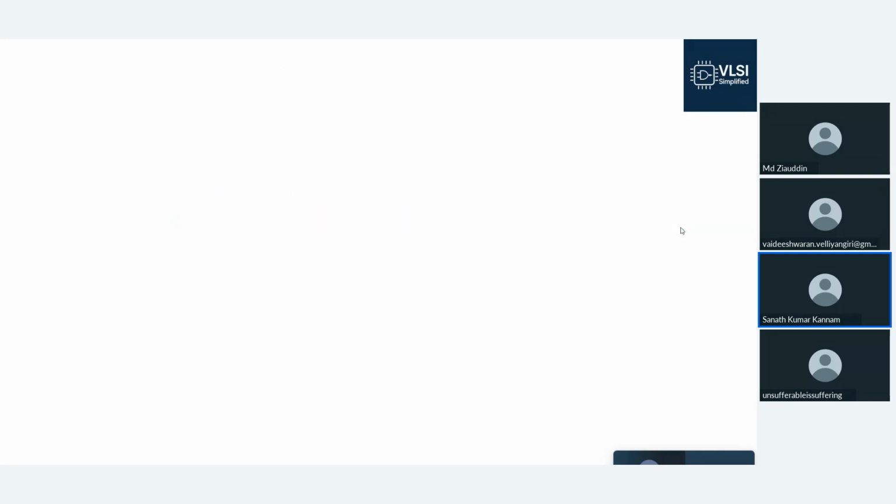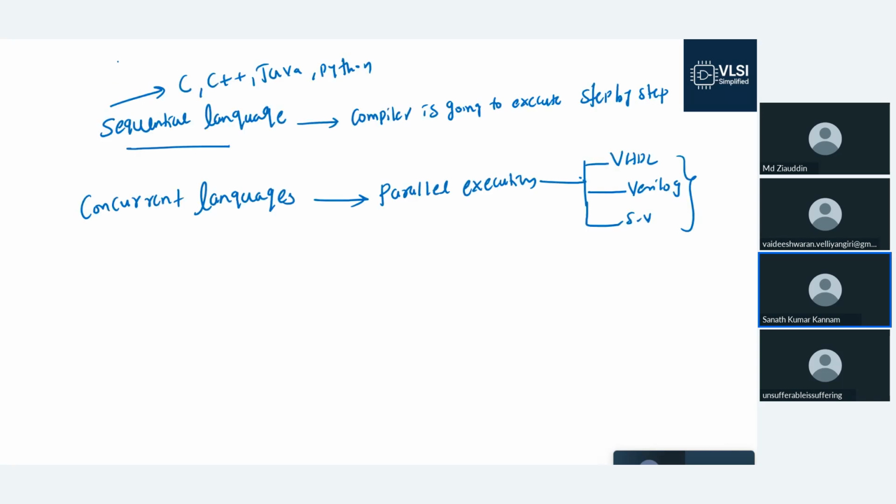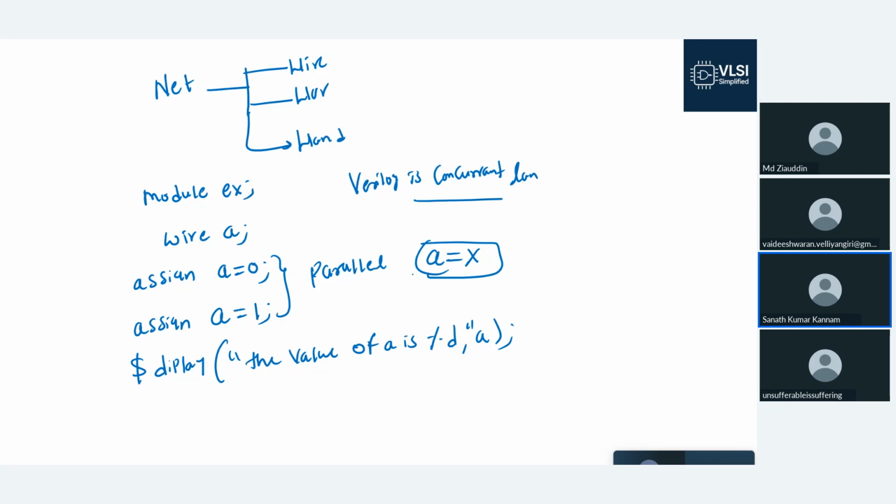Next, suppose you use wire. If you represent this as a wire data type, the compiler can't understand whether the value is 0 or 1, so it gives don't care.